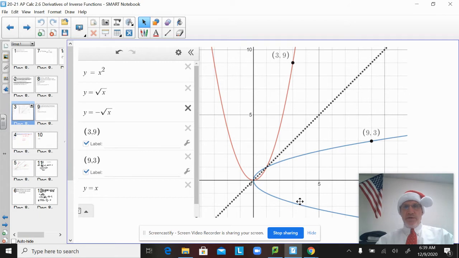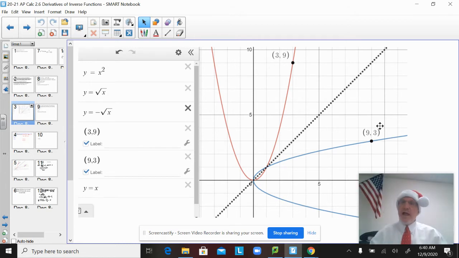I highlighted the point 3, 9 on my original graph, and obviously 3 squared is 9. If the point 3, 9 is on the original graph, then the point 9, 3 is on the inverse graph. So that relationship is worth being comfortable with.